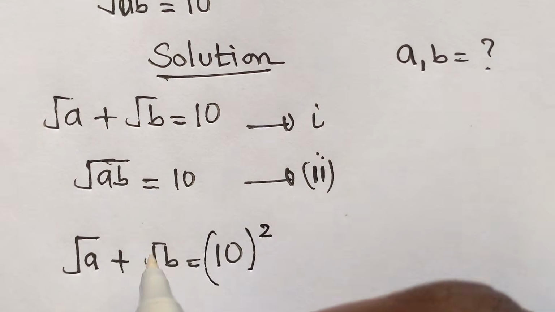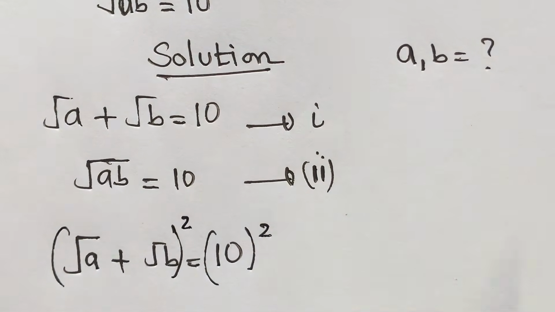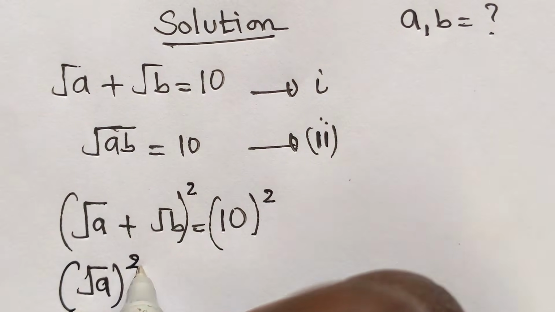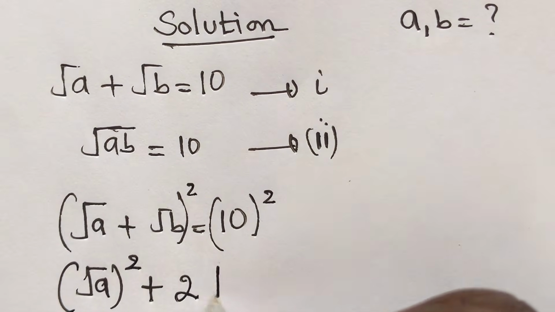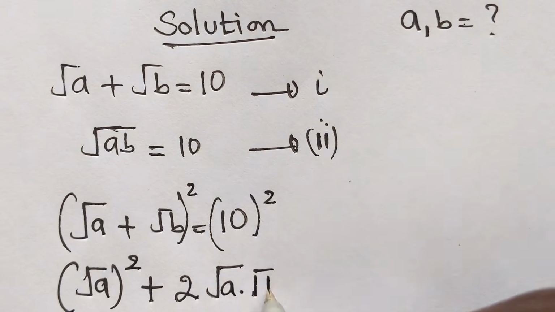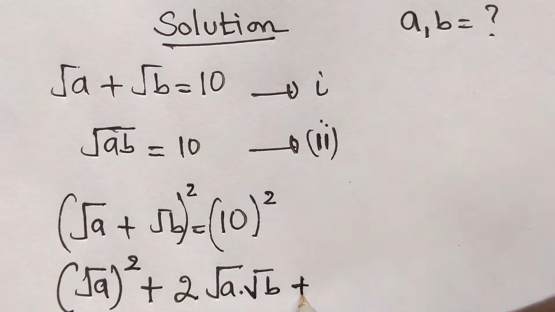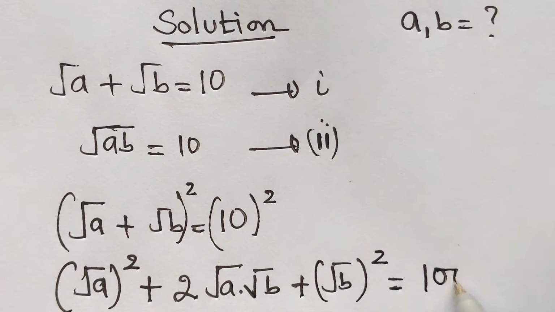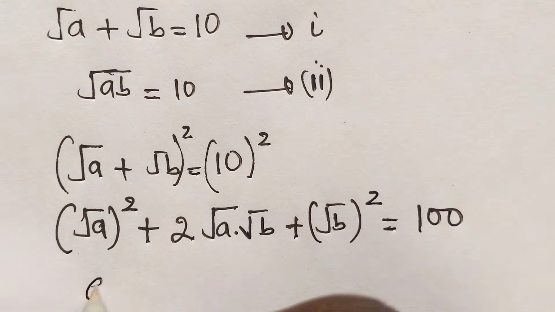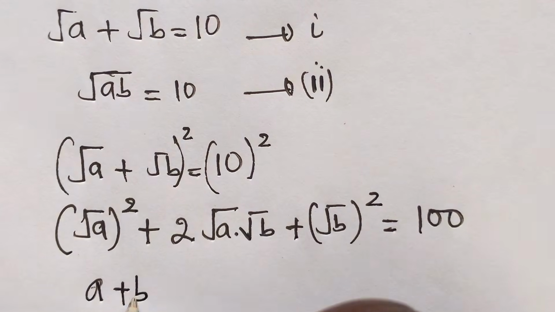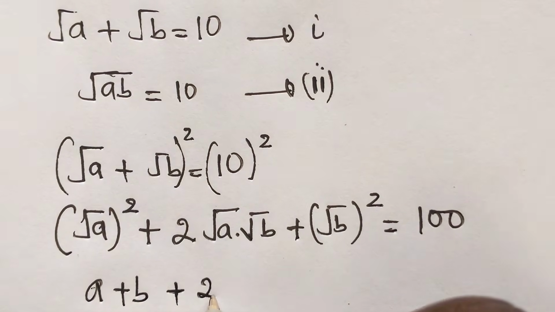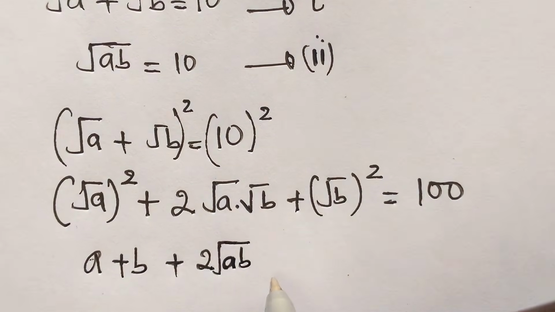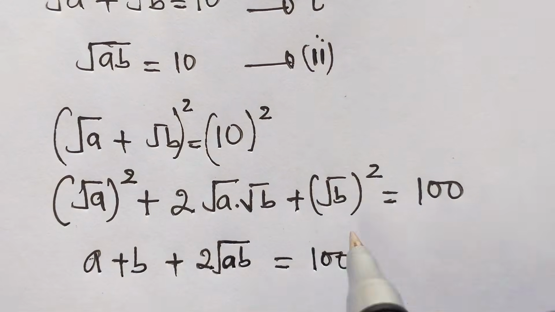Then we shall square both sides to get what? Square root of a squared plus 2 times square root of a times square root of b, plus square root of b squared equals 100. Then this is a plus b plus 2 square root of ab equals 100.